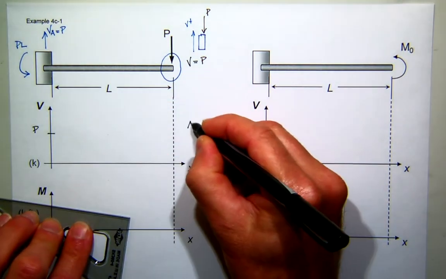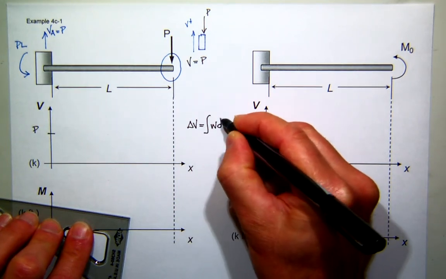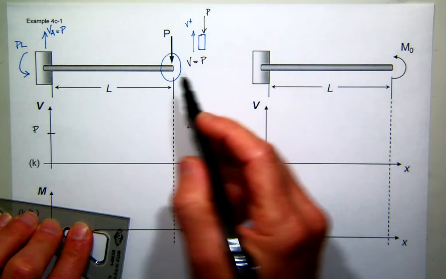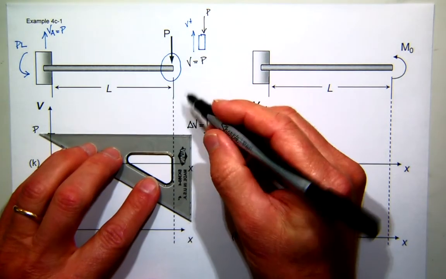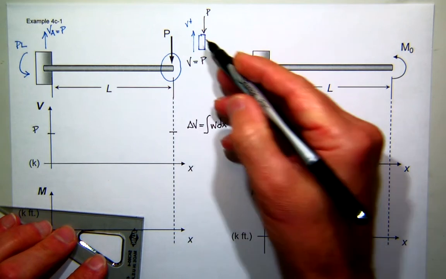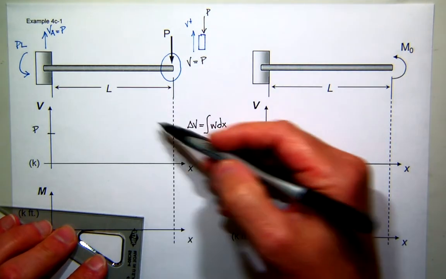Now we know the change in shear is the area under the load diagram. What's the area under the load diagram for the whole beam? 0. So that means I should end up at P. And that's what I should have ended up with. That was easy. What's the shape of the curve in between?